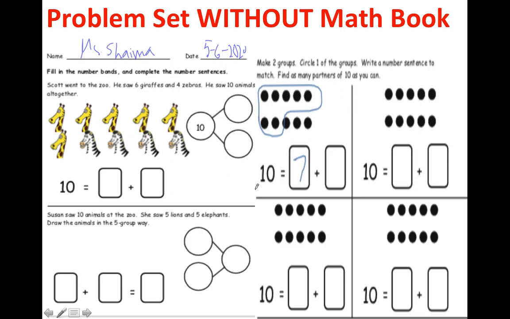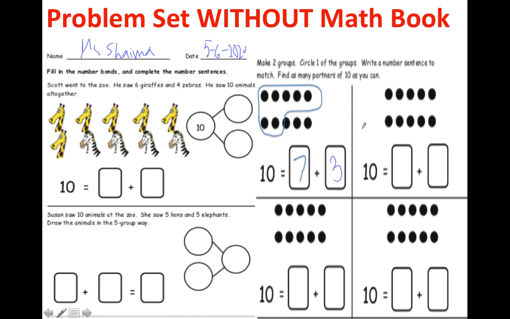So I know the number sentence goes 10 equals 7 plus blank. They already circled 7, which means I only have 3 outside of that circle. I'm just going to put 3. So I know that 7 plus 3 equals 10.